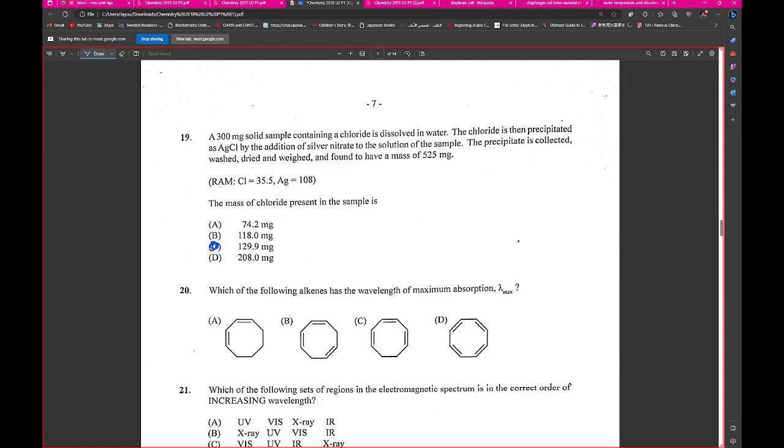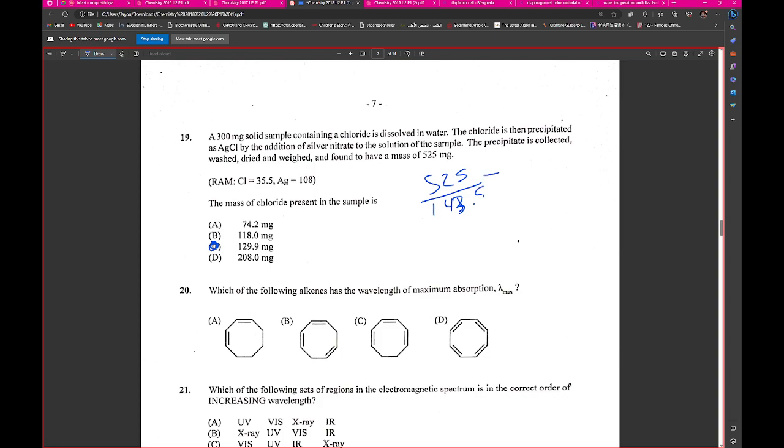We don't want to go over time. Go ahead. I have to get the amount of moles of chloride. It's a 1-to-1 ratio, so you just take the 525 milligrams and divide that by the relative molecular mass of silver chloride, which is 143.5.